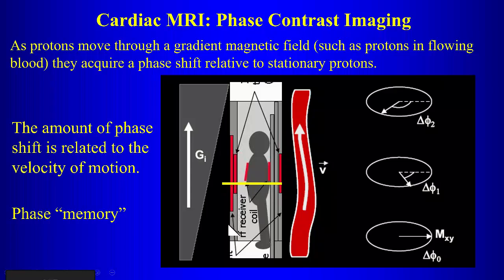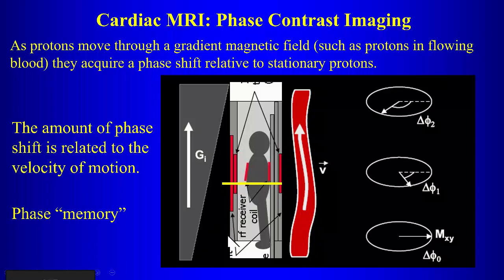But over a particular period of time, if you have flowing blood, this flowing blood is from outside of this imaging slice flowing into the imaging slice. Within any given period of time, as that blood has gone over this gradient, it is experiencing different strengths of the magnetic field by the time it gets into the imaging slice.